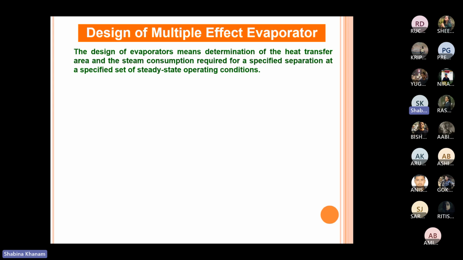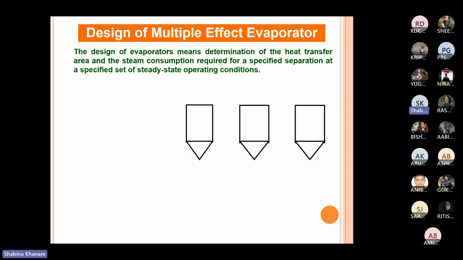So in that way, we have to carry out the design of multiple effect evaporators. First of all, let me discuss the functioning of a multiple effect evaporator. We will start with a triple effect evaporator.